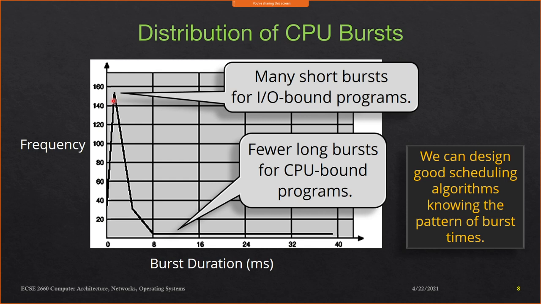That's what a good scheduler is trying to do. From this pattern, a peak at 3 milliseconds, they would adjust maybe their time slice or time quantum, or whatever algorithm they are following, they make sure that they spend a few milliseconds for each process.